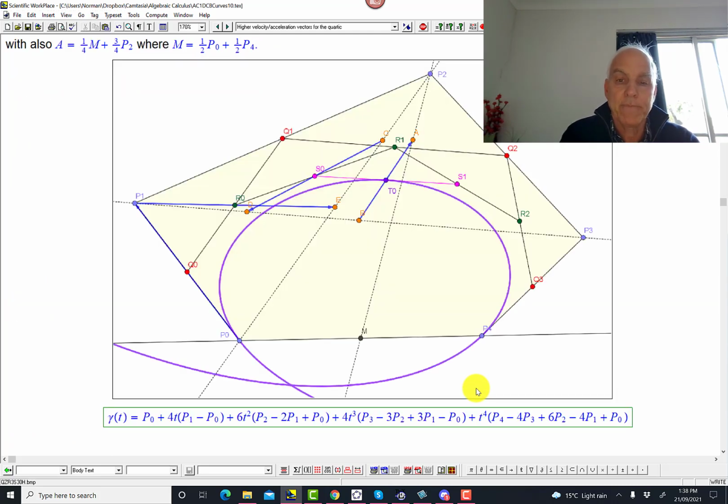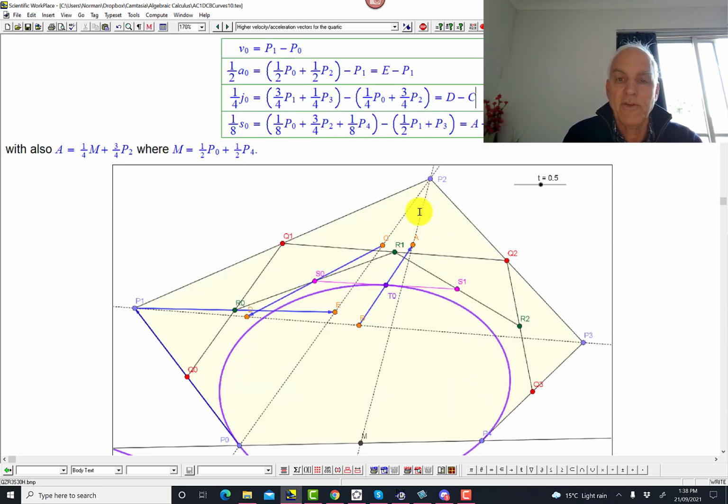Let's have a look here. Here we can see the 1/2 of the acceleration, that's E minus P1. Where is E? Here is E. That's the midpoint between P0 and P2. That's the midpoint E, and P1 is here.